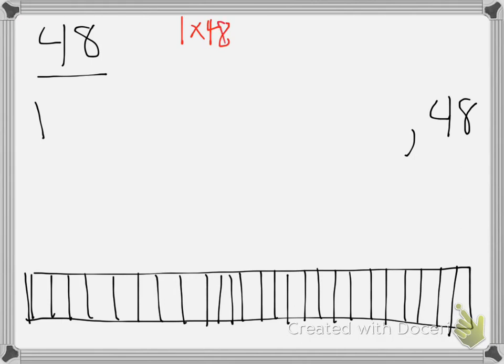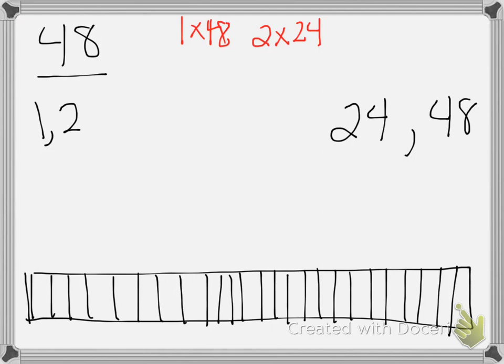So 1 by 48. The next one, because it's an even number, I can say 2. So 2 goes into 48 24 times. So my next factor pair or next dimensions would be 2 by 24.